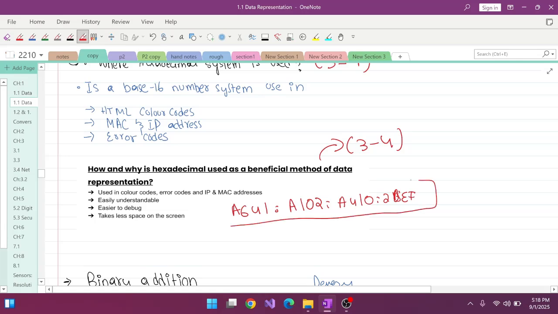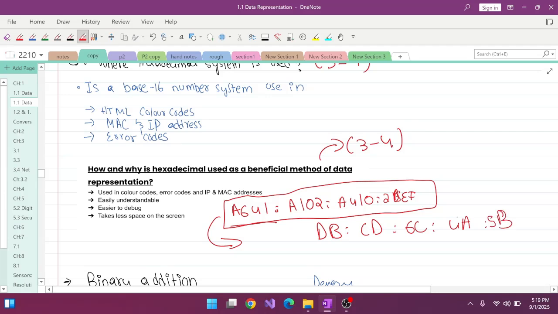So this is an example of the type of IP address, or a MAC address can be like DBCD6C4A5B, like this, as it is easier to debug and takes less space. If I ask you to convert this number into binary, it will take a lot of space.